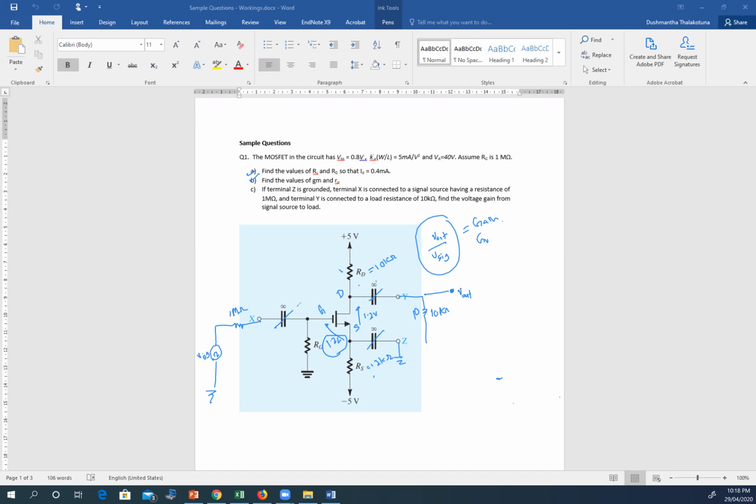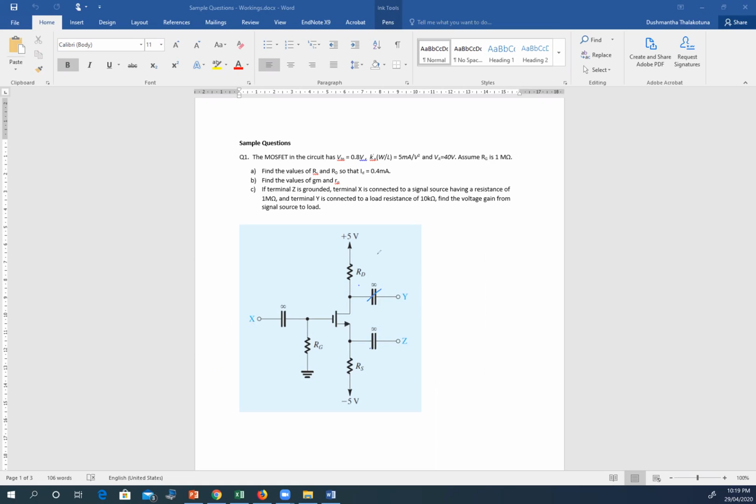So the equivalent circuit in this case would look like this.